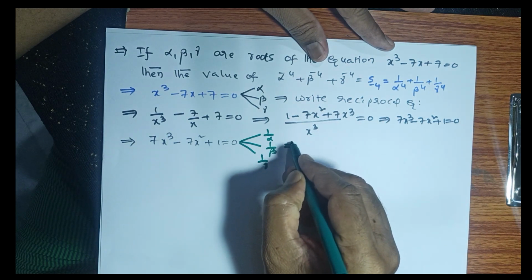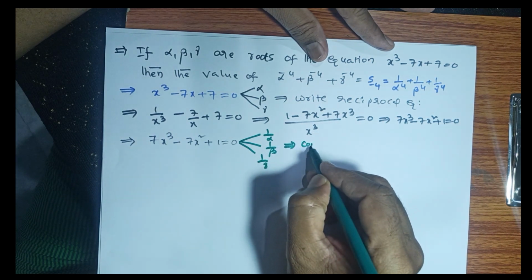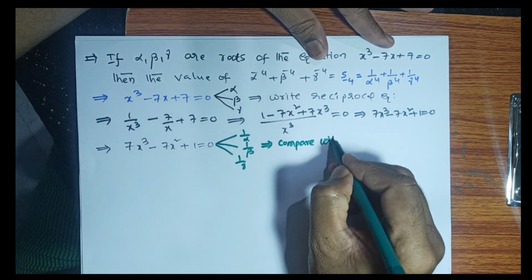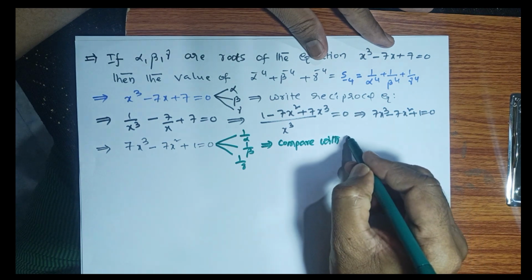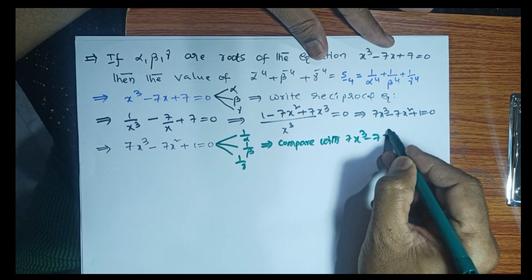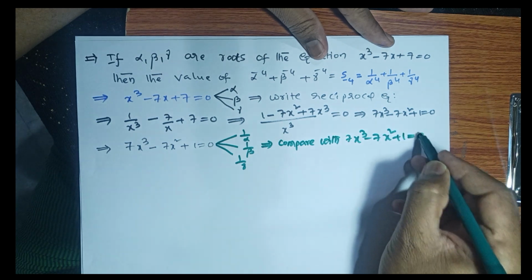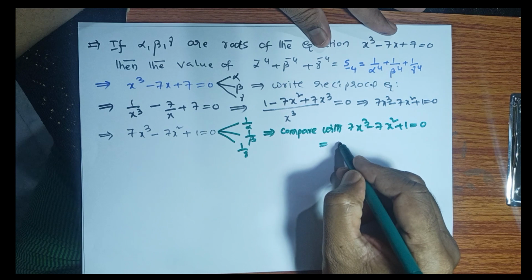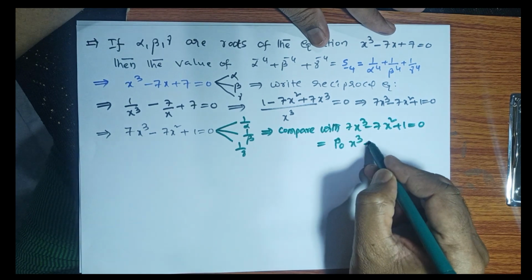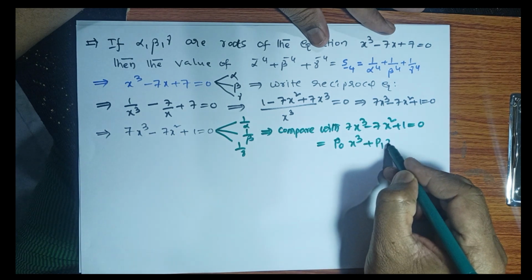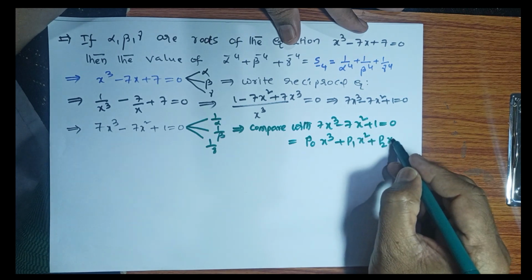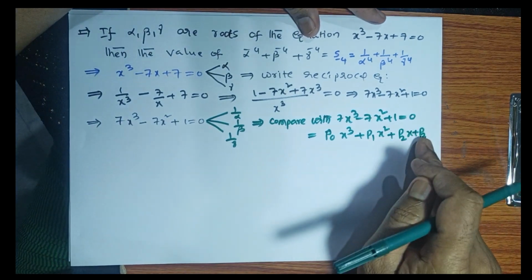So we can compare the equation 7x cube minus 7x square plus 1 is equal to 0 with p naught x cube plus p1 x square plus p2 x, where the x term is not there, plus p3 is equal to 0.